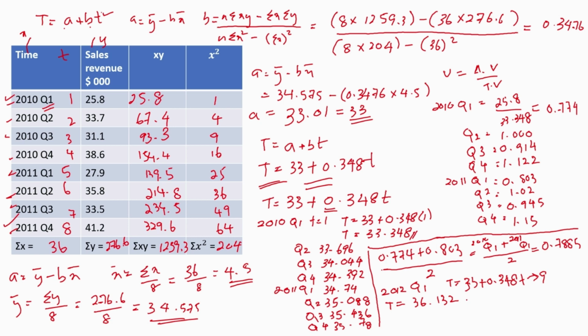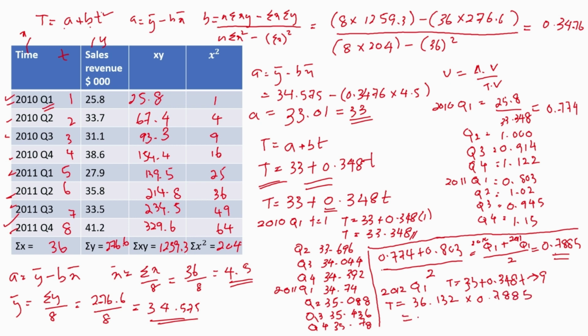Now we can multiply this trend value by the average variance for quarter 1. Multiply by the average variance for quarter 1, which we calculated, which is 0.7885.